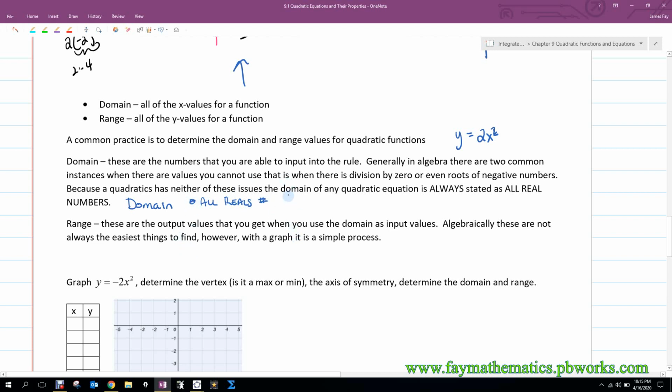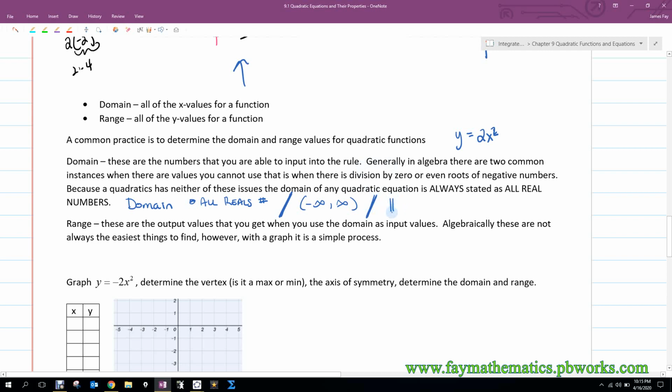Other places, let's say you're on the ACT, or in a different course, you might use what we call interval notation. Basically what you say for all real numbers is that it's the numbers from negative infinity to positive infinity. And the final way is that the set of real numbers has a symbol attached to them.